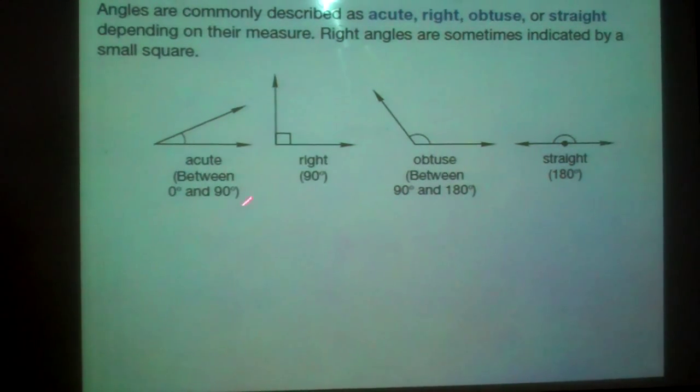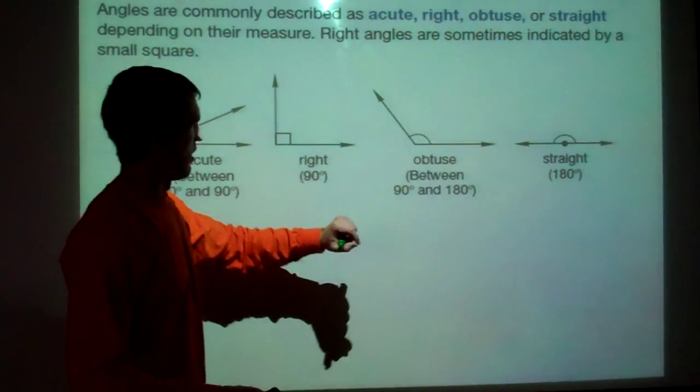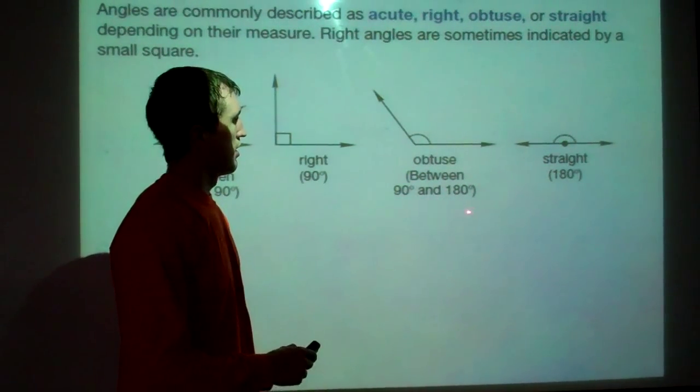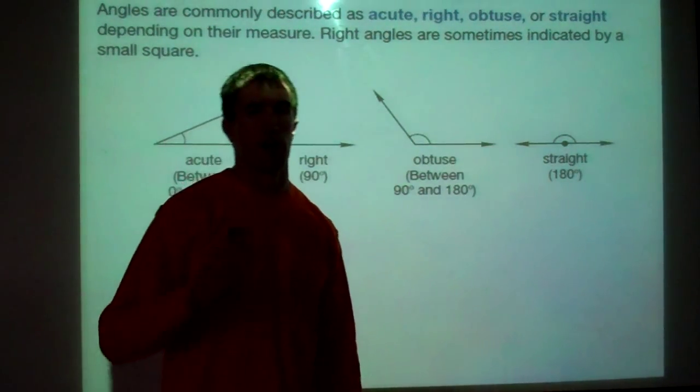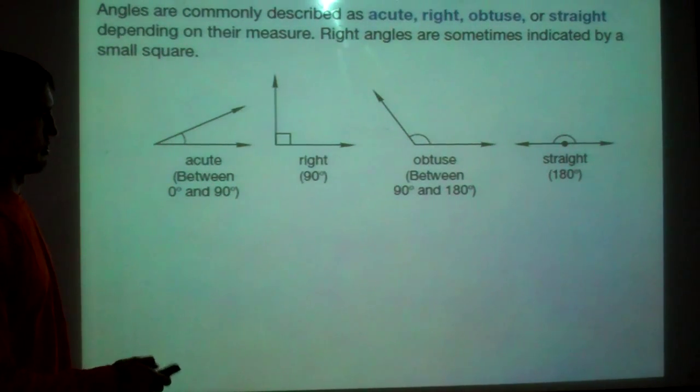We can have an acute angle between 0 degrees and 90 degrees, so less than 90 but greater than 0. A right angle is exactly 90 degrees, or a square corner. Obtuse is between 90 degrees and 180 degrees, and a straight angle is 180 degrees. So straight lines are 180 degrees, or basically, if you want to think about it, half of a 360.